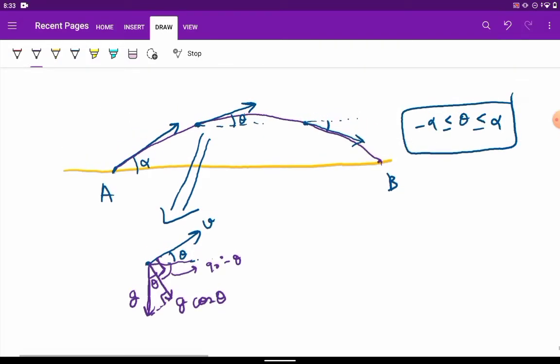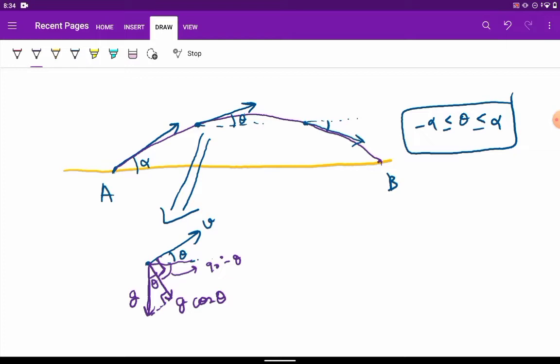And since theta varies from minus alpha to alpha, and cosine of positive angles is positive, and cosine of a negative angle also. This is all between, of course, the value of alpha is between 0 and 90 degrees.